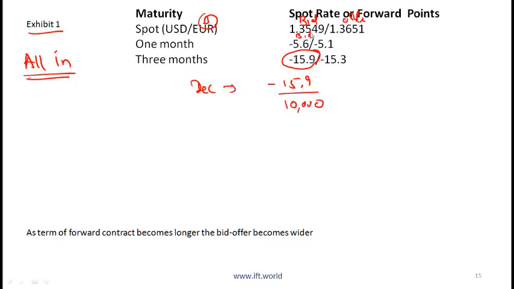The point here is that if our currency is quoted in terms of 4 decimal places, then we need to divide the points, in this case 15.9, by 10,000. Notice the 4 zeros here corresponding to the 4 decimal places.